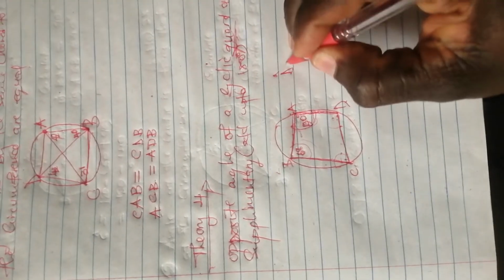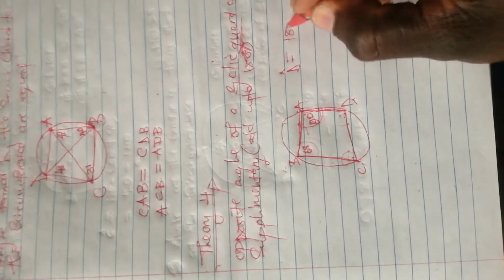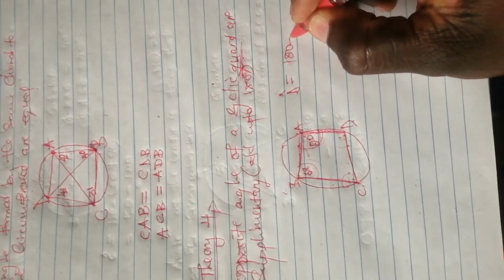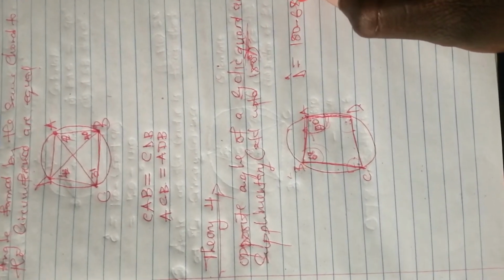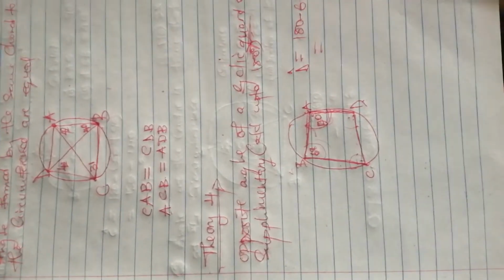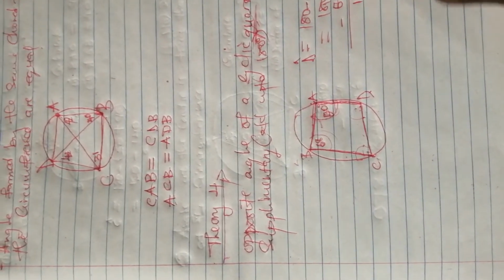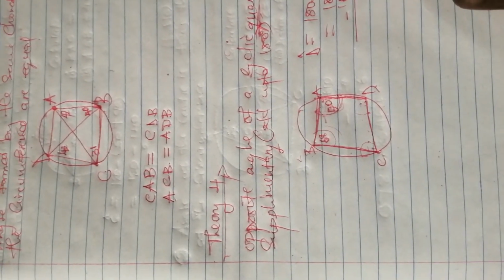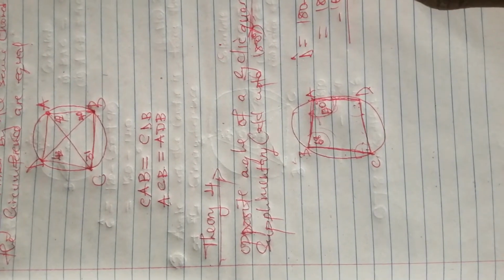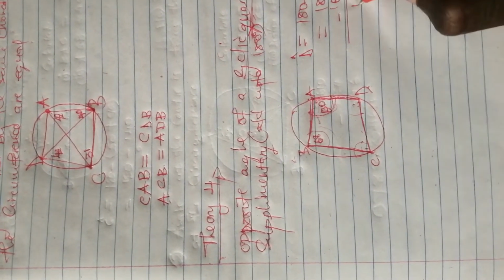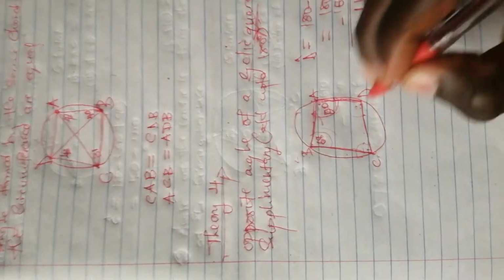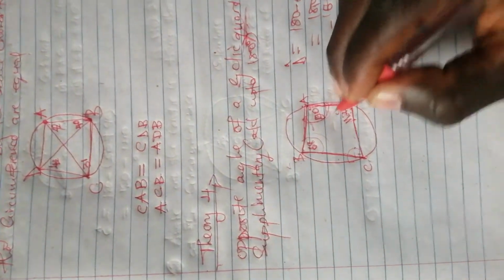So, for example, angle D is 180 degrees minus 68. 180 minus 68 gives 112 degrees.